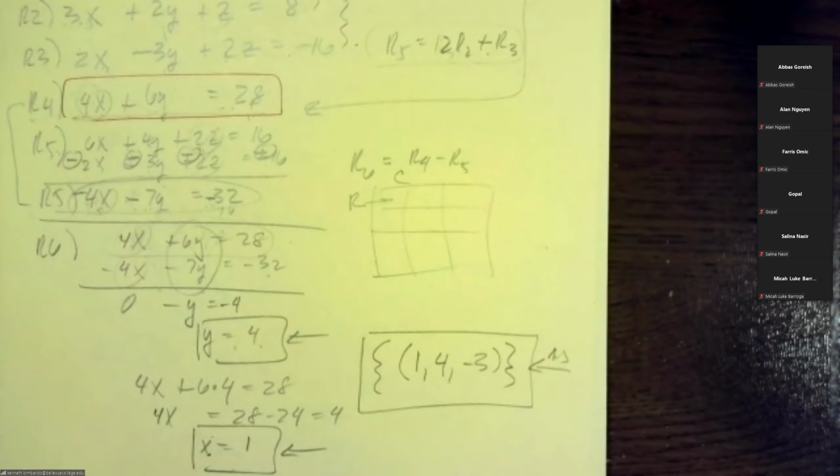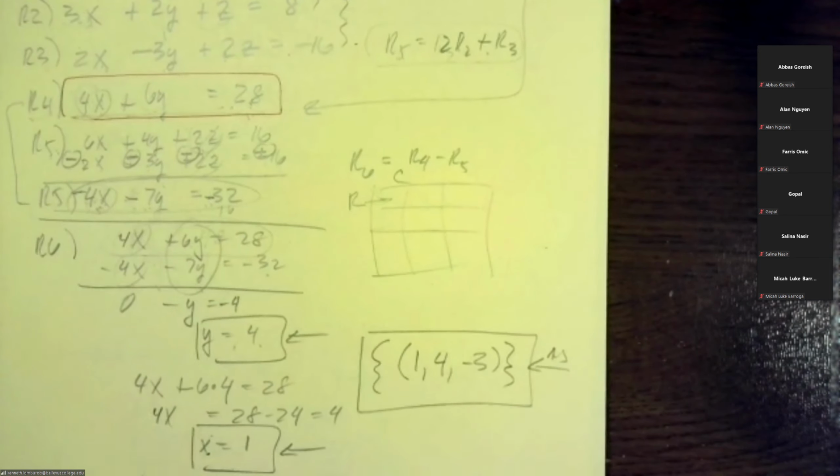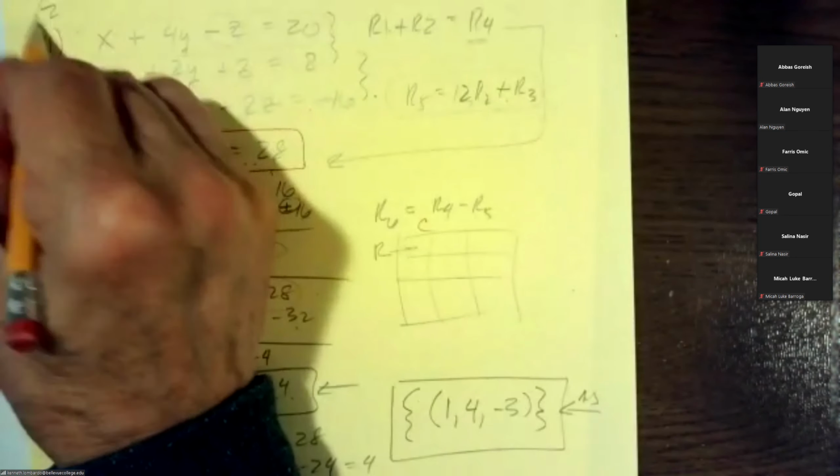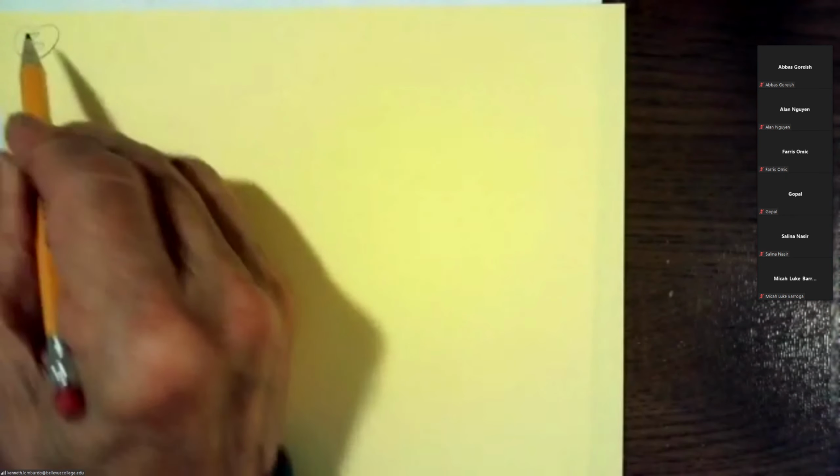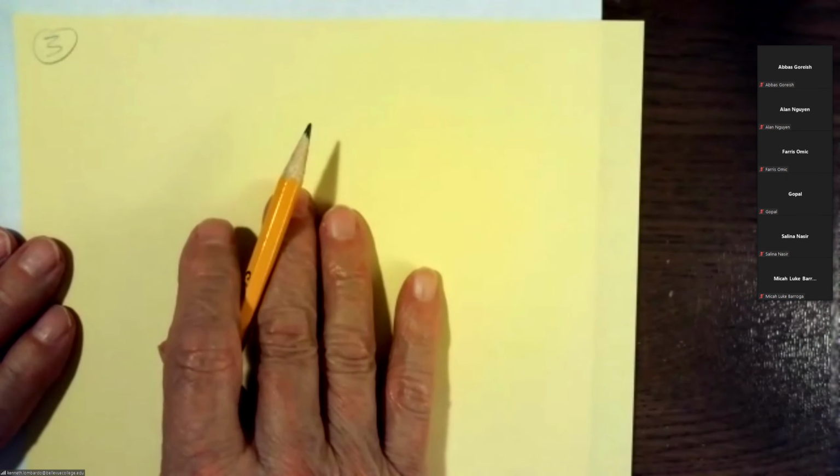Okay. If there aren't any questions, I will go on to another example. I'm going to call that problem 2. Let's take a look at another problem, which I'll call problem 3. And let's say I'm given the following set of equations.